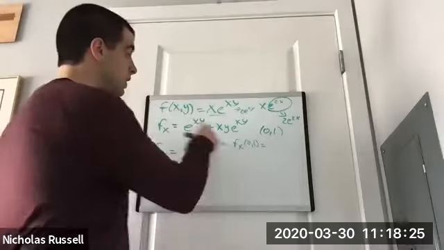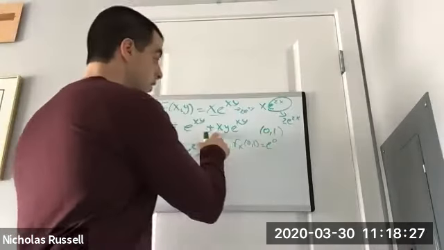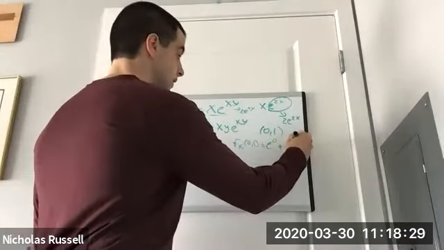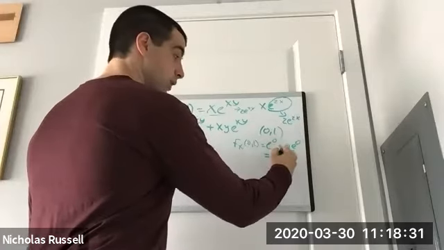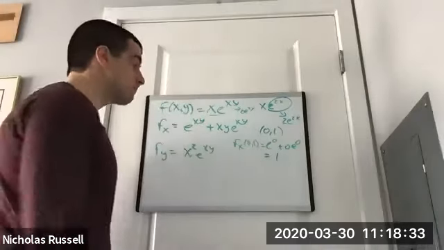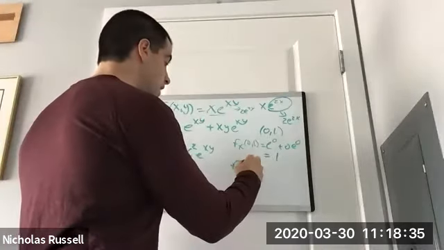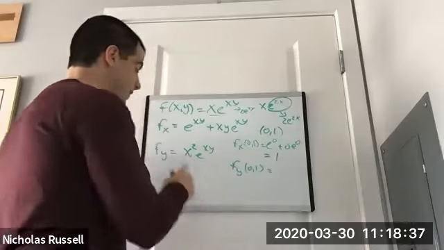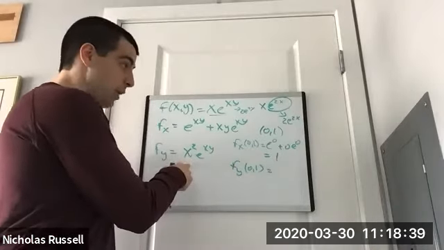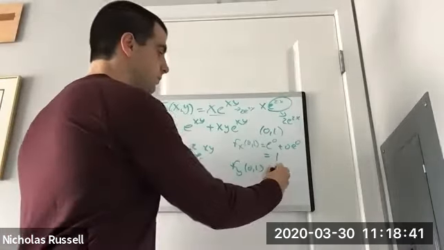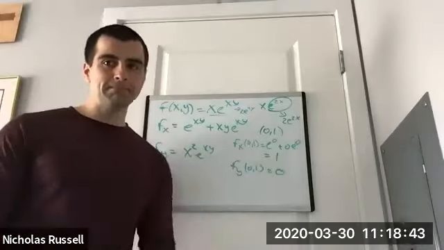If you notice, this then becomes e to the 0. This thing becomes 0 times e to the 0. So therefore, this is just 1, because e to the 0 is 1. And similarly, f_y of 0, 1 is just a 0 here, so it just becomes 0.